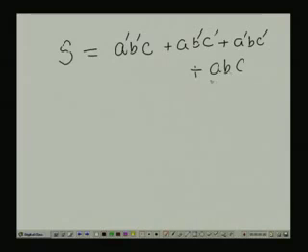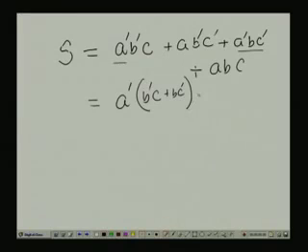Now say from the first and third term, I am taking A dash common, then similarly this is B dash C plus B C dash, and from the second and fourth, if I take A common, then this is B C plus B dash C dash.